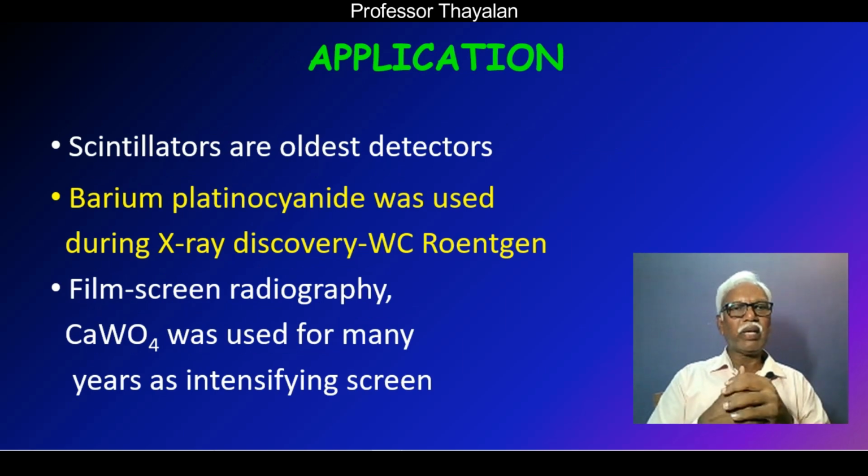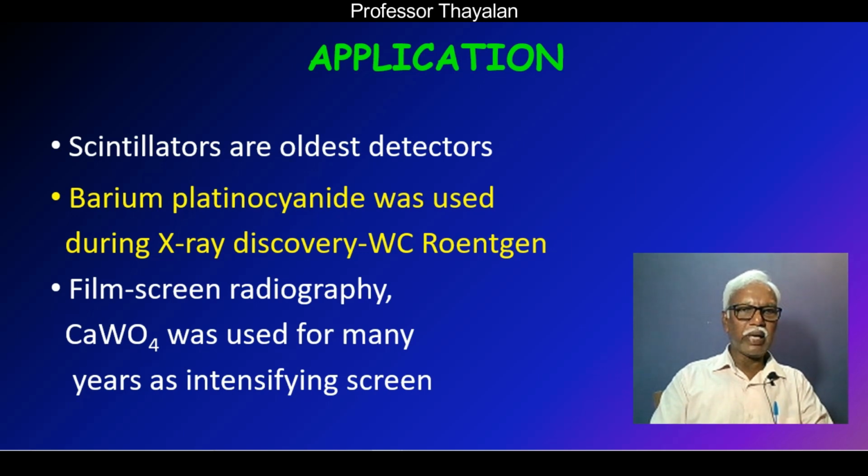What are the various applications of the scintillators? Scintillators are the oldest detectors. For example, barium platinocyanide was used by Roentgen during the X-ray discovery. In film screen radiography, from olden days we used calcium tungstate for many years as intensifying screen.